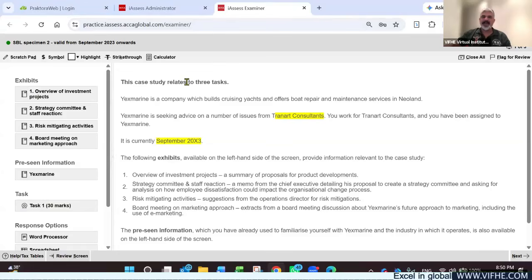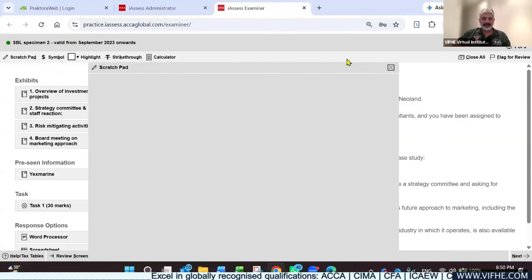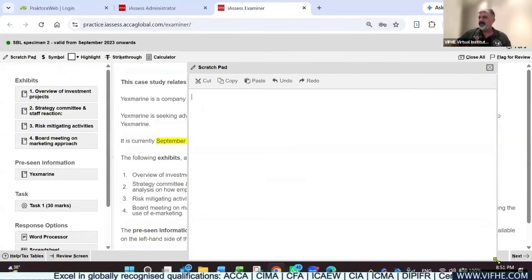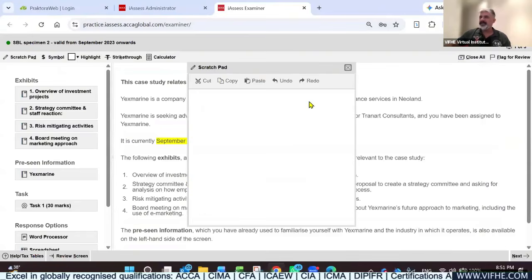Do you know where the scratch pad is? Can you see scratch pad on the screen? Here. Open the scratch pad. Control. Put it on one side.